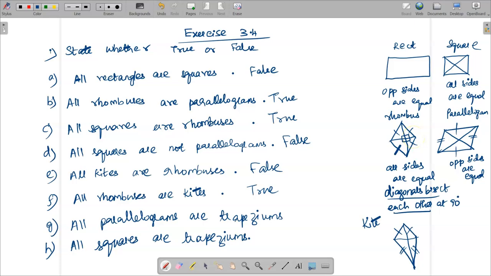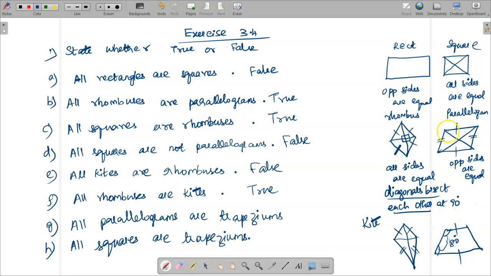All parallelograms are trapeziums. This is a parallelogram, this is the trapezium. A trapezium means a pair of opposite sides is parallel, and the sum of adjacent interior angles on one side of the transversal is 180 degrees.